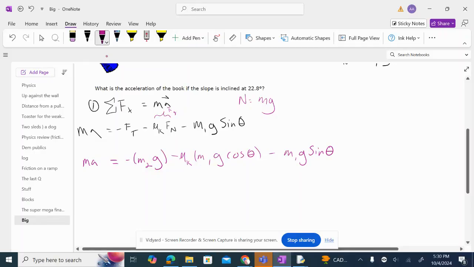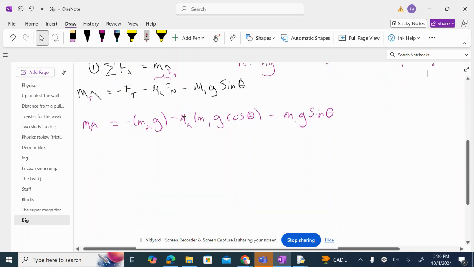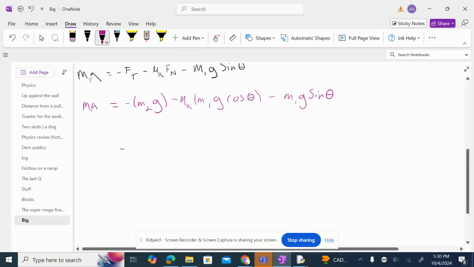Now, to be able to find the actual a, we have to remove the m. And just to be clear, this is the Mt. Mt means total mass, which just means it is m1 plus m2. Okay, now you will get this equation. I'm just going to simplify.